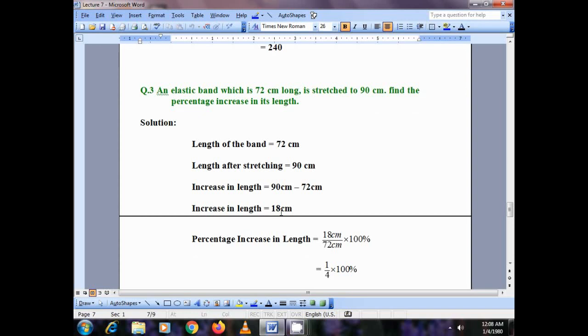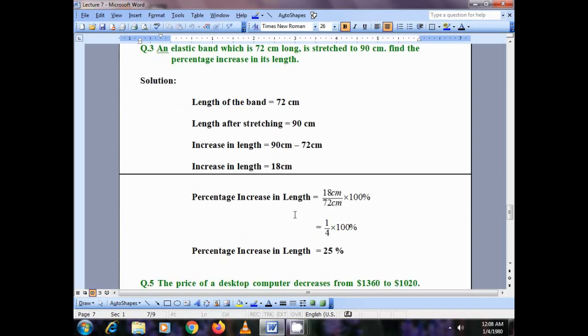Now let's convert this 18 cm into a percentage. So, simple calculation: percentage increase in length will be equal to the change in length, or increase in length, divided by the original length of the band, multiplied by 100%.